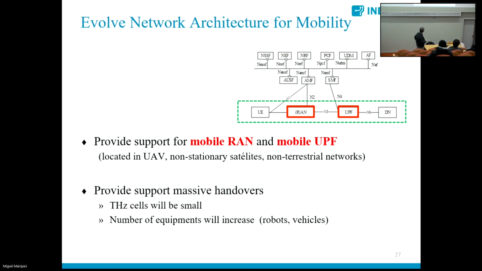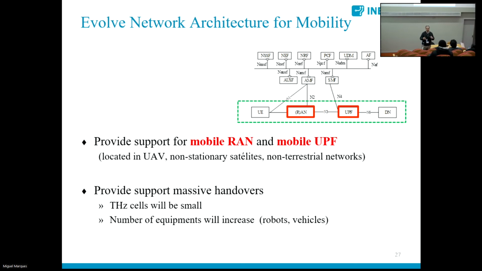Also, there is a trend in which, for instance, in INESC, we do a lot of research, and that is related to enabling the wireless communication network to be itself mobile. Not only the mobile phone, but the overall infrastructure to be mobile. That is, those base stations that you see on top of buildings, why not put them on a UAV or on a satellite, on top of a vehicle.